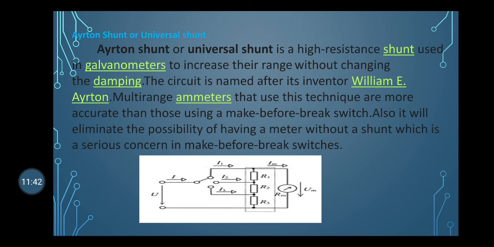The difference between the universal type meter and the multi-range meter is that the Ayrton type meter has high resistances connected across the meter movement, the galvanometer. By using this we can increase the range without changing the damping.